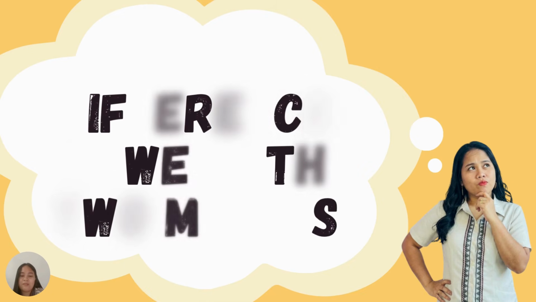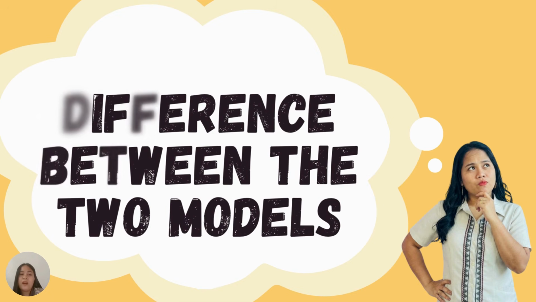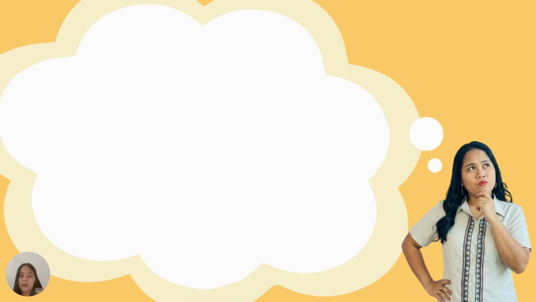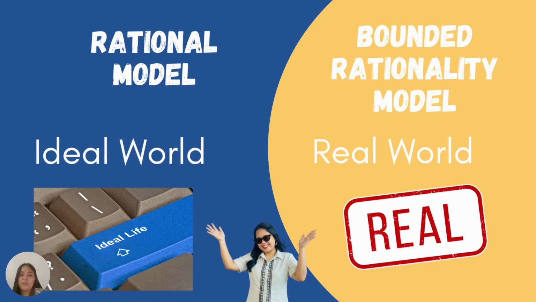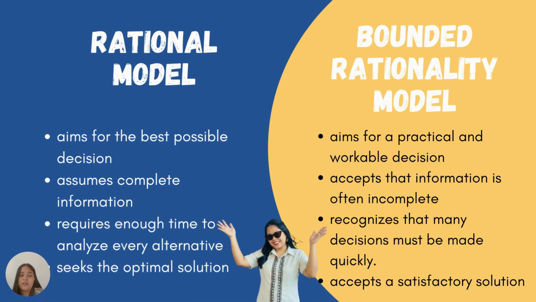To give you a glimpse of the difference between the two models: rational model, ideal world. But when we say bounded rationality model, it's the real world. Moreover, rational model aims for the best possible decision, while bounded aims for a practical and workable decision.